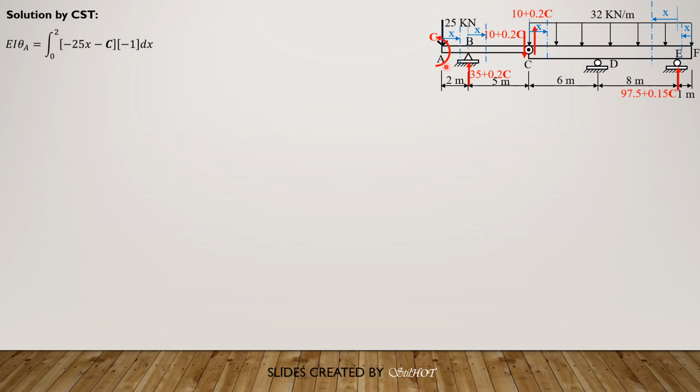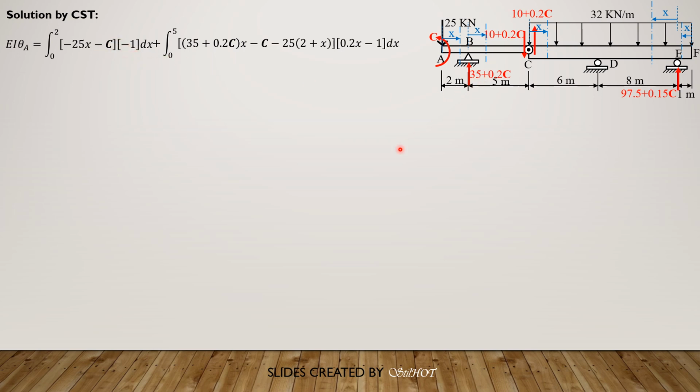So it would be negative 25 times x minus C, then the derivative is negative 1, because the derivative of negative 25x minus C with respect to C is negative 1, dx.